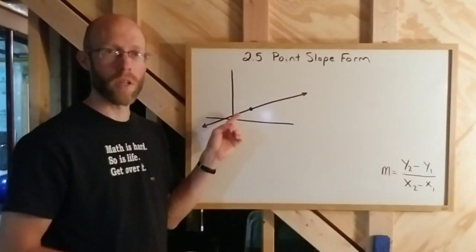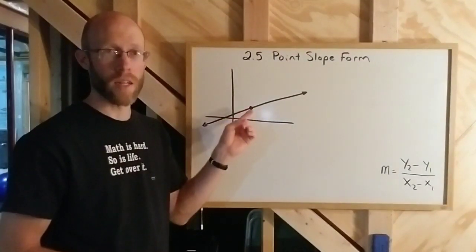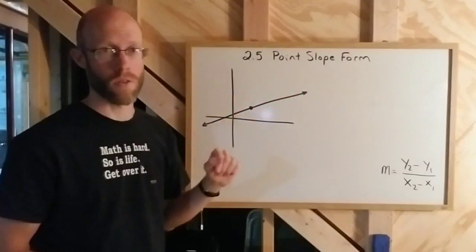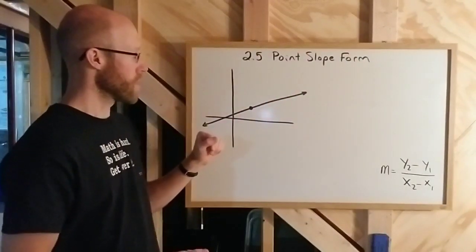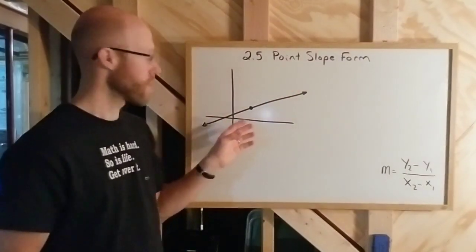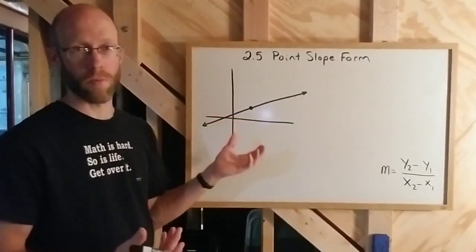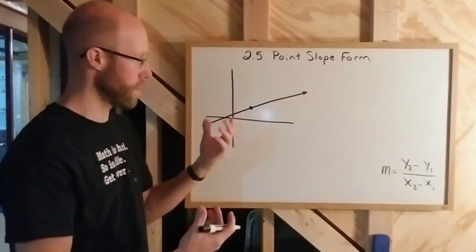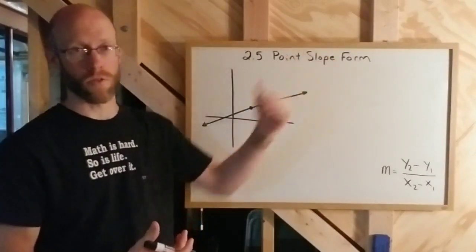From that point, you can get the rest of the line using the slope. Get your rise over run and so forth. And so every other point is a variable point because it changes. The second point would change. It depends on what you're using as your rise and your run.